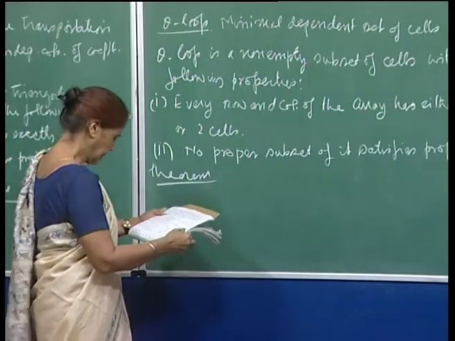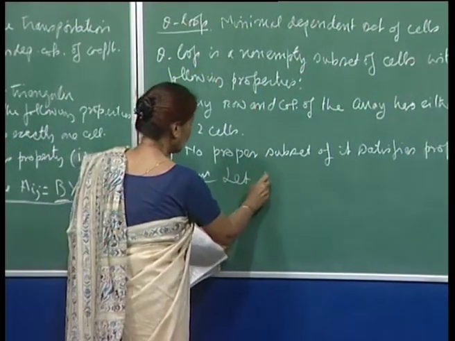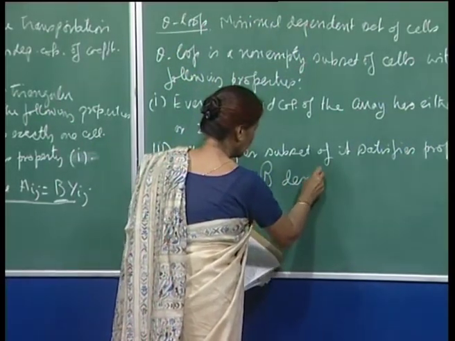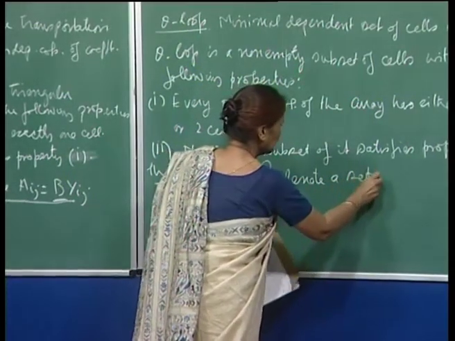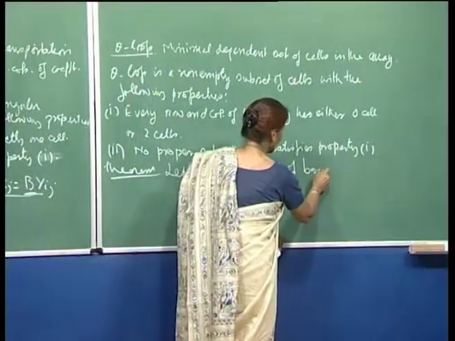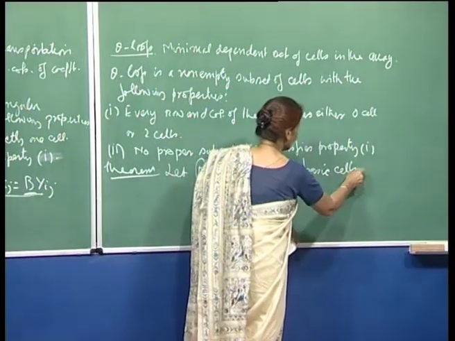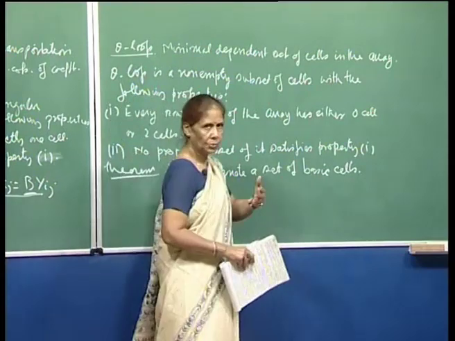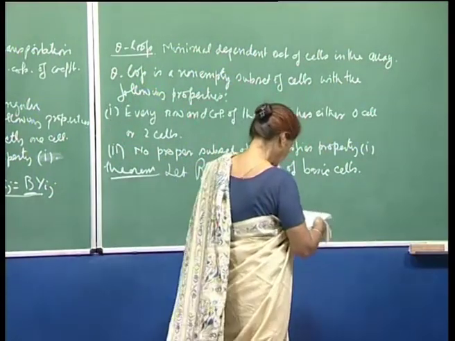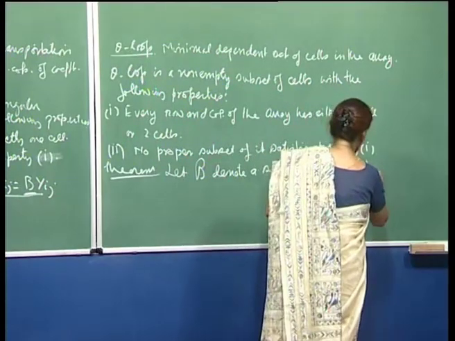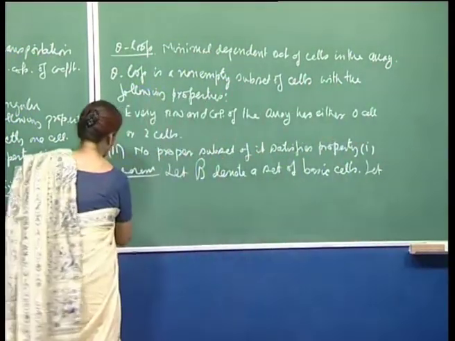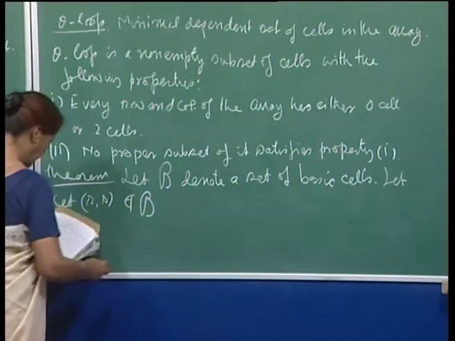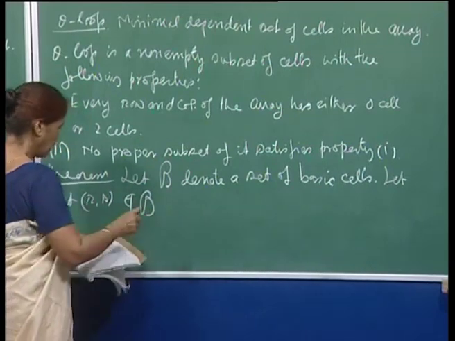Yeah, the theorem says that let beta denote a set of basic cells, which means that there are m plus n minus 1 cells here, which correspond to m plus n minus 1 linearly independent columns, right. And let cell R s not belong to B. Okay. So, it is a non-basic cell.